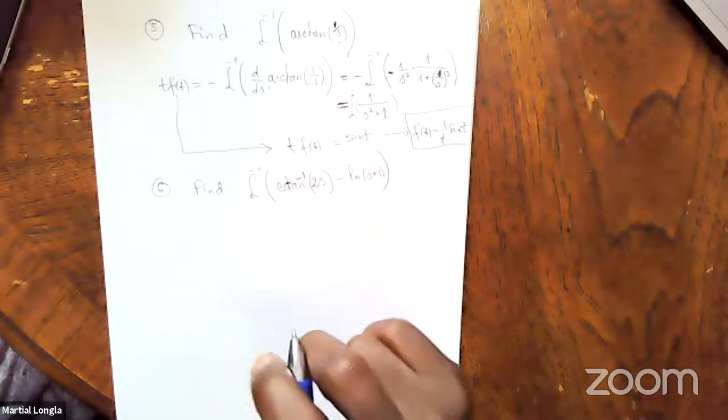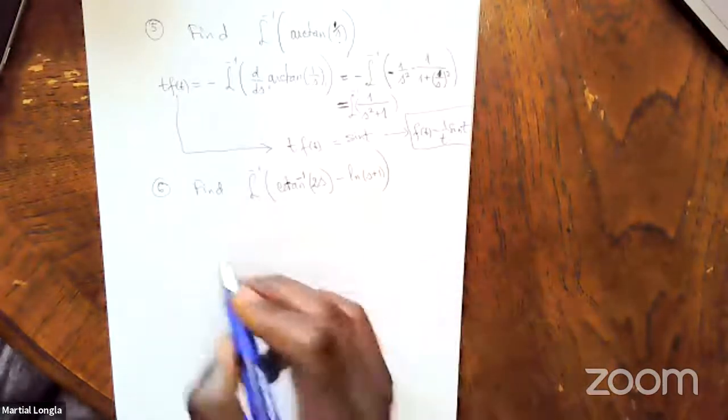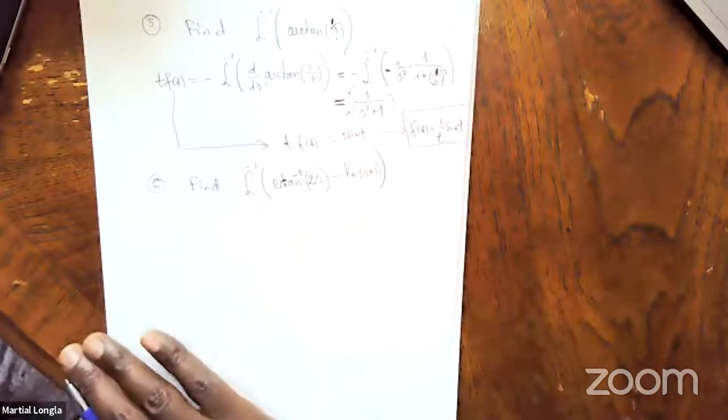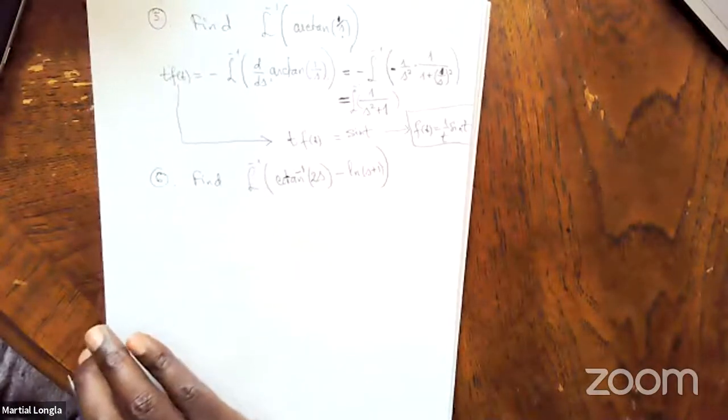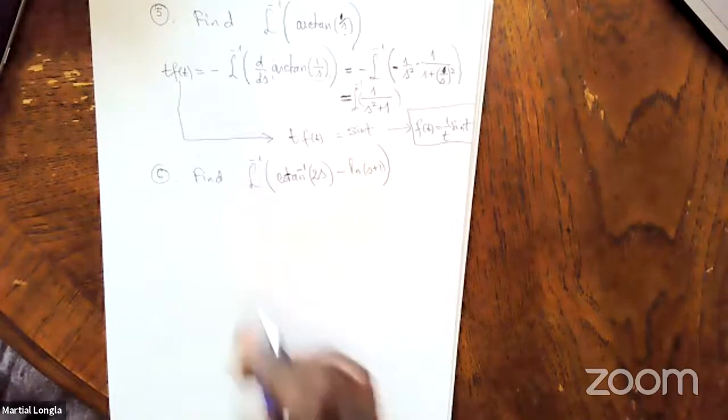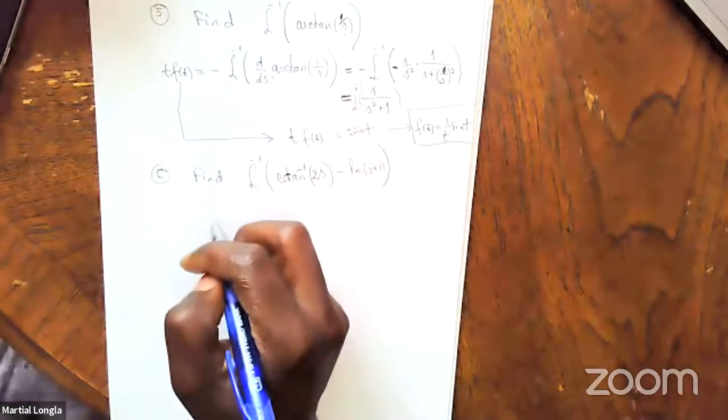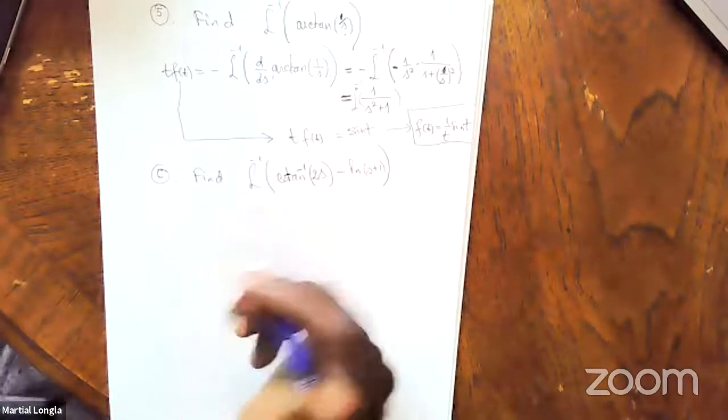William? I can try to set it up, but I'm not sure about the calculations. I mean, that's what we do. We do it together and we figure out where the problem is.